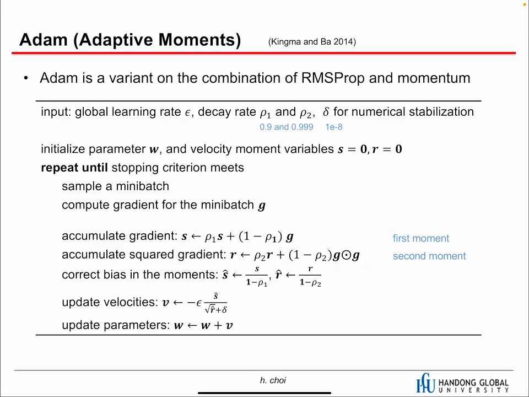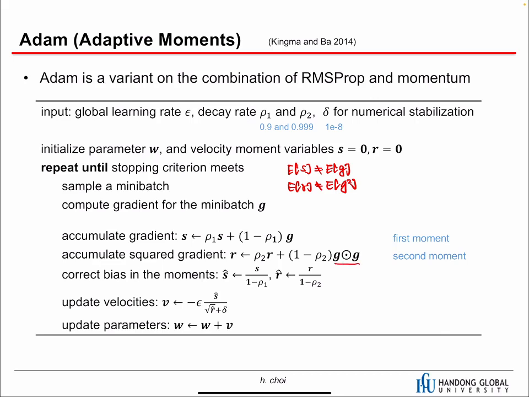Bias means the expectation of s is different from the expectation of g, because s is a moving average of g. If g is stationary, then they should be the same, but that's not the case. And the expectation of r is not the same as g squared, because r is a moving average of g squared.